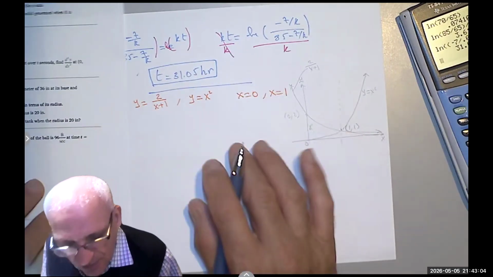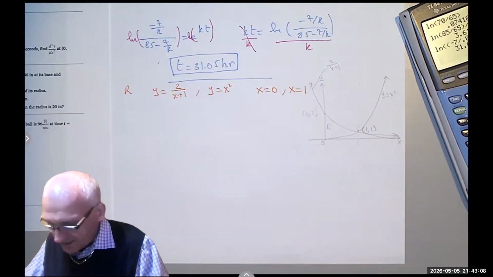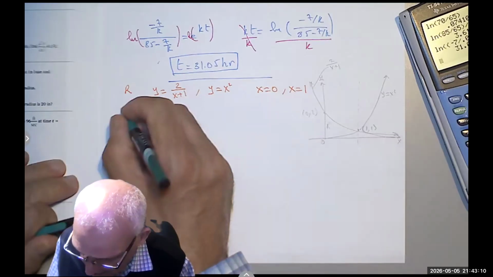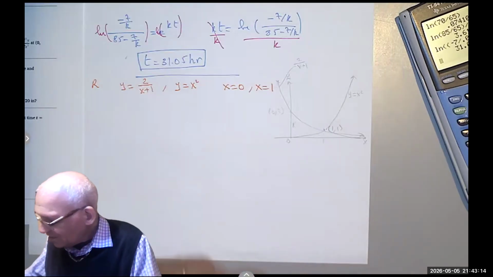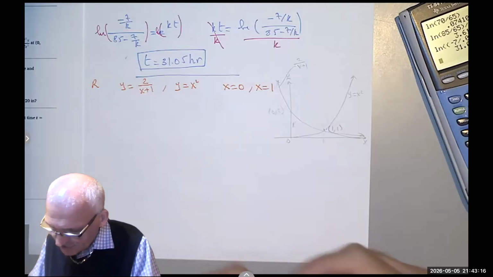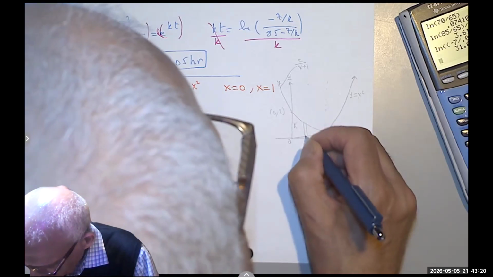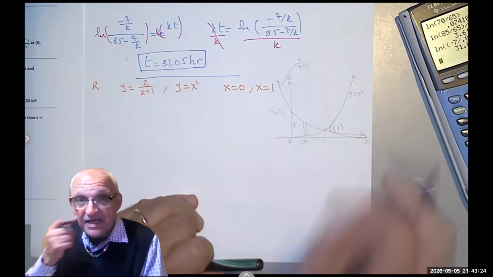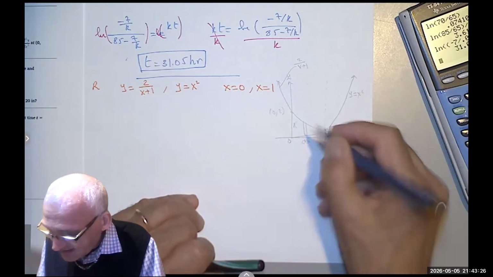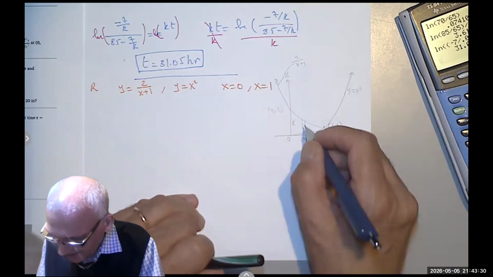So they tell you, part A, find the area of R. Very easy. I'm going to take a small strip of width dx. So now, if this width is dx, I have a rectangle whose height is this function minus that function, right?